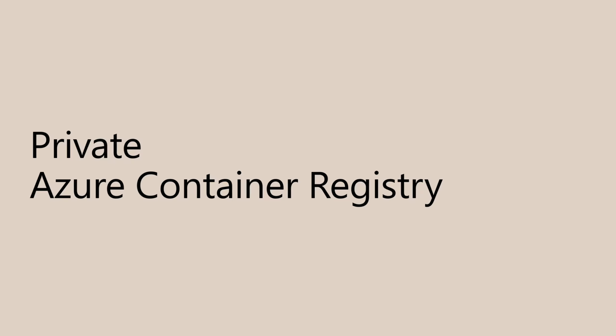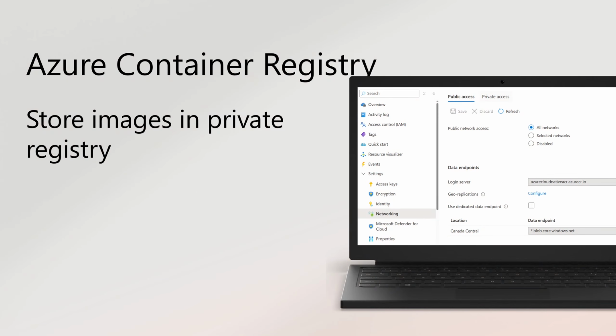Now our API is private, but the container registry is still available on the internet. So it would make sense to also make the container registry private. The reason why we're using Azure Container Registry is that most of the time we want to store our images in a private registry, and also because it's very fast to download the images if both the cluster and the registry are running in the same data center.